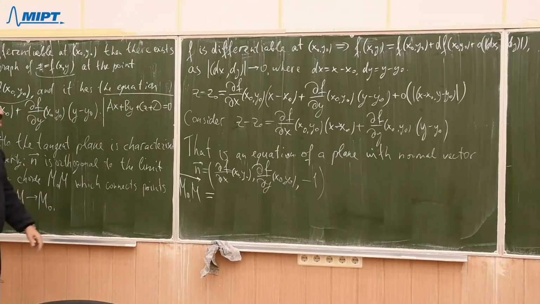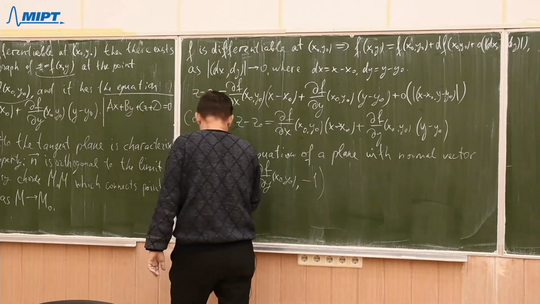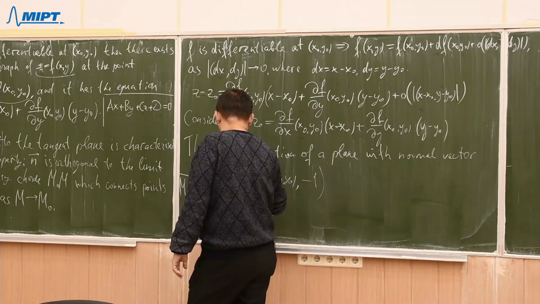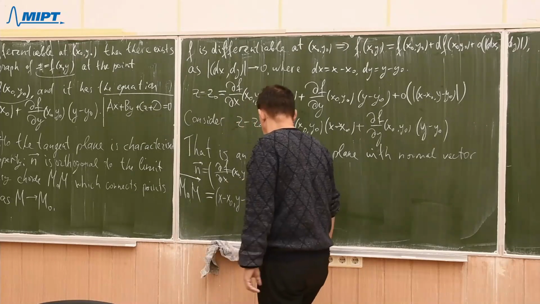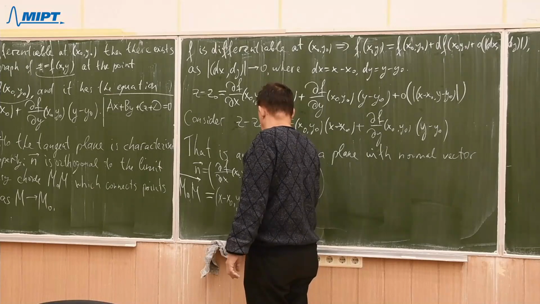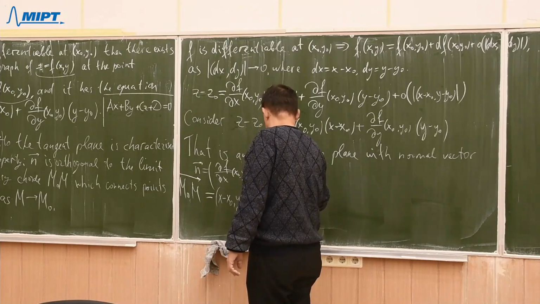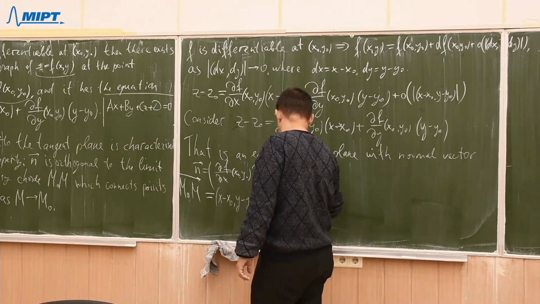It means that M naught M has coordinates x minus x naught, y minus y naught, z minus z naught. Better to say here f of x, y minus f of x naught, y naught.